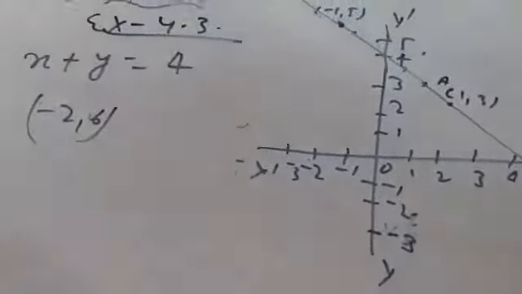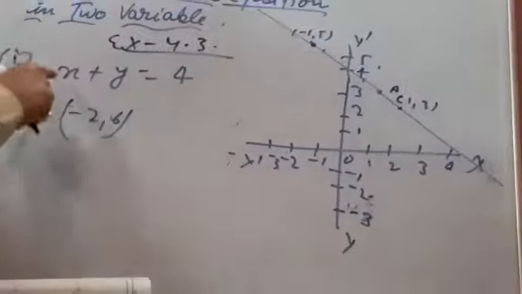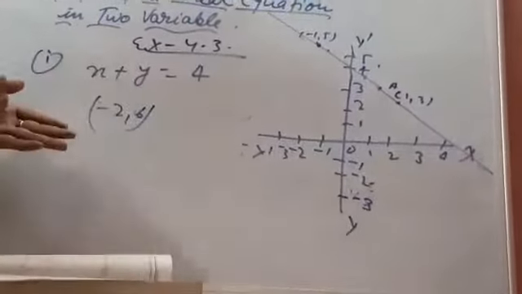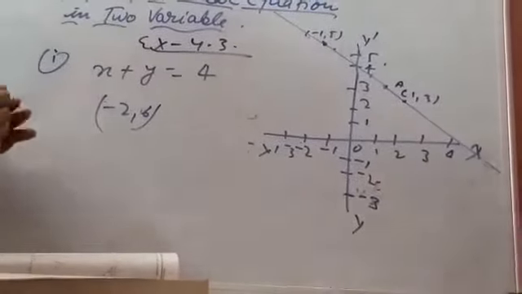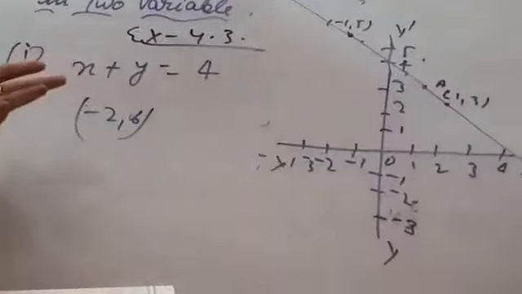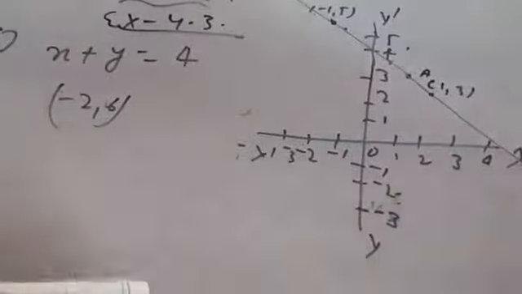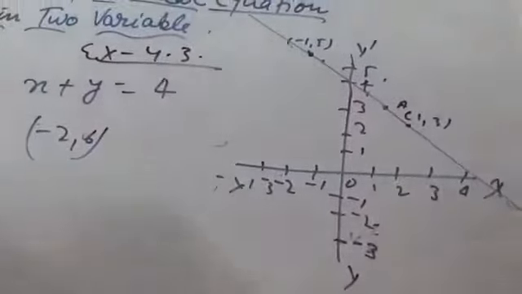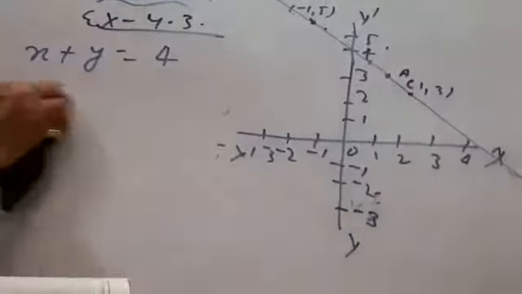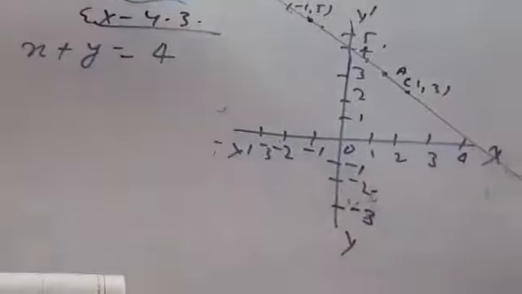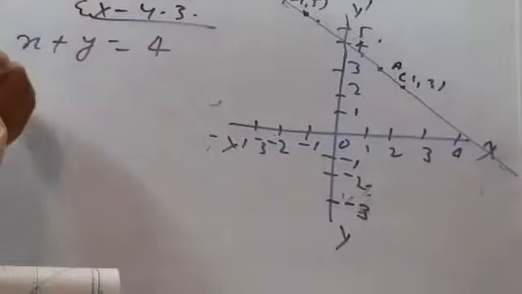For that, what we need to do: first we assume the value of either of the variables, and you will find minimum 2 solutions. The actual way is, whenever you draw this, you make a table.